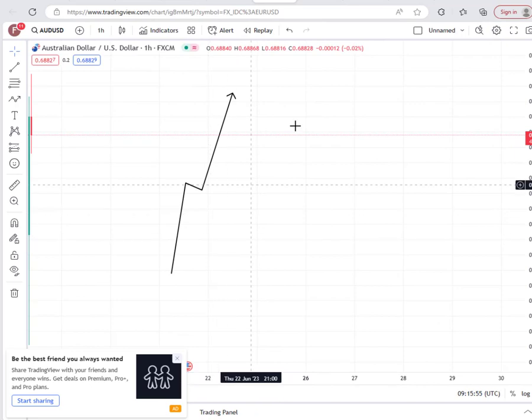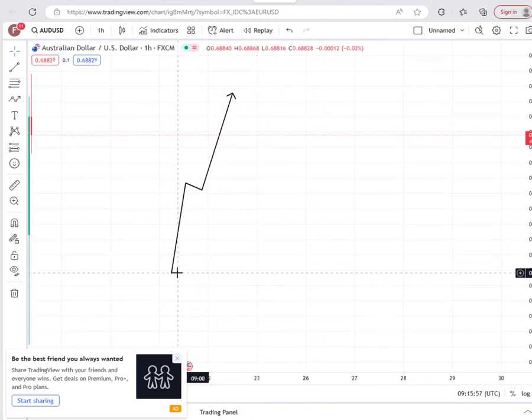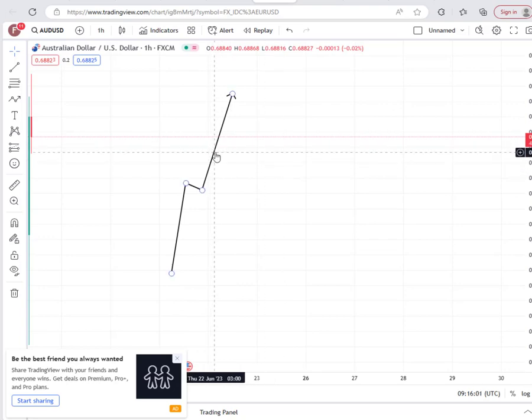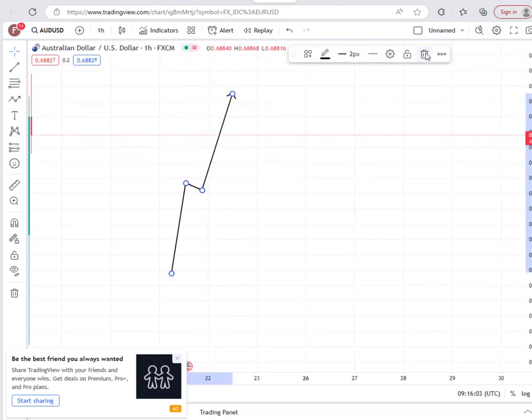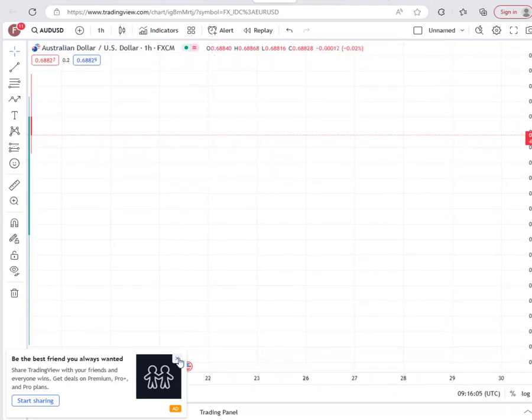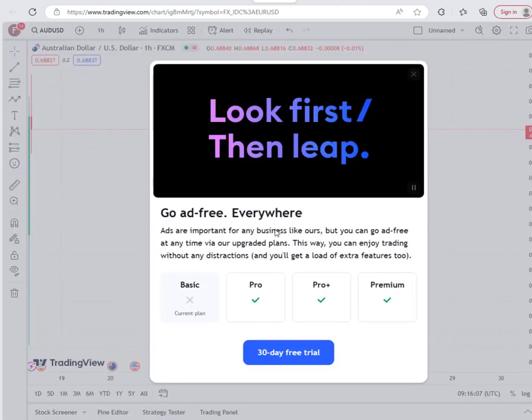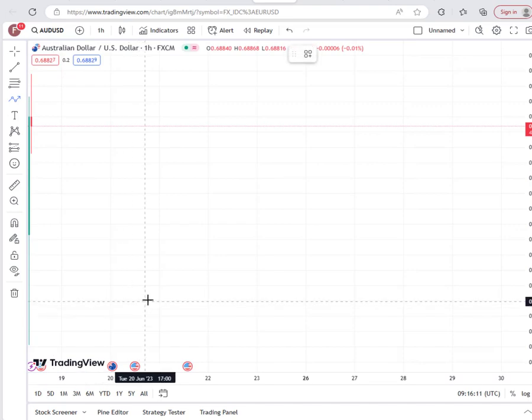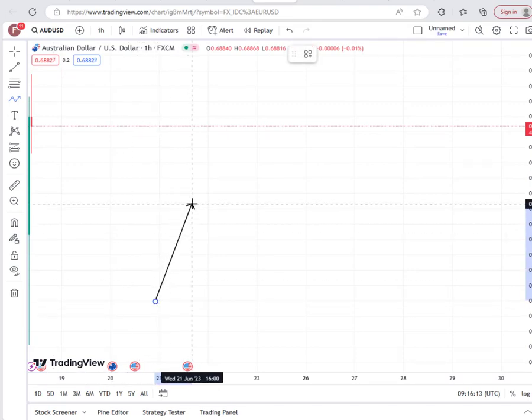So you see, this is the concept of rally-base-rally. Now the next type of demand and supply that you can identify is by looking at consolidation. Remember, we said we are going to be looking more at continuation supply and demand zones.